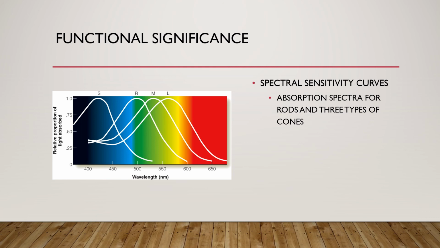And then we have our rods in there at about 510 nanometers. We're going to talk about this much more in color vision, how we use the ratios of the different absorption levels, the different responses of those cones, to give us the experience of color.